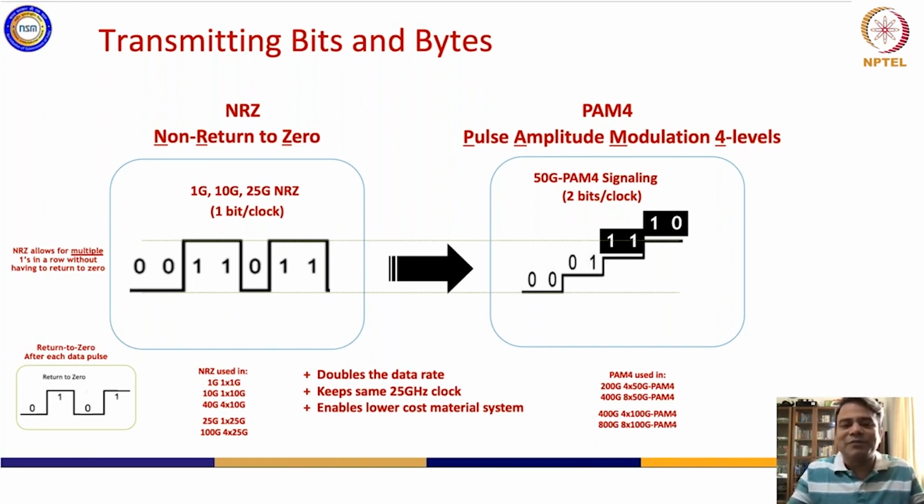A LAN cable, RJ45 cable, contains copper conductors inside, and there is a certain speed at which you send the bits, the zeros and ones. In today's world, we are looking at sending the zeros and ones over a single pair of copper conductor as fast as 25 gigabits per second, or even 50 gigabits per second.